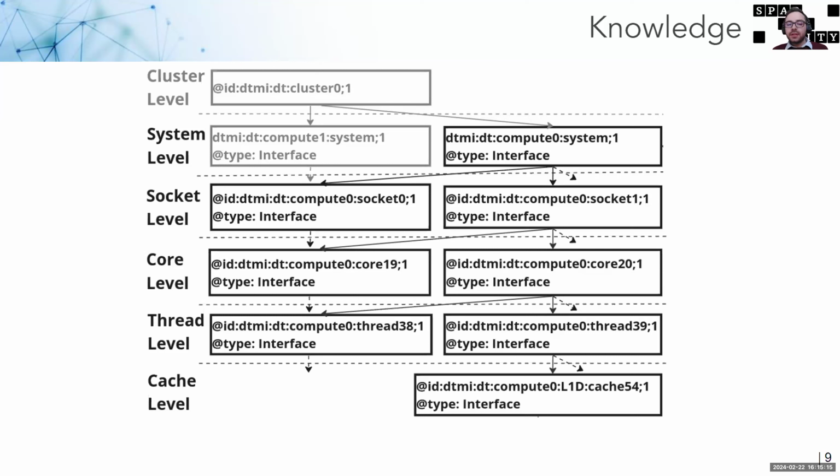On top of the interfaces, it includes property, relationship, and telemetry entries, which are used to describe capabilities and relationships among entities. Altogether, they make up the knowledge base, with which we can briefly capture any information about the target system.